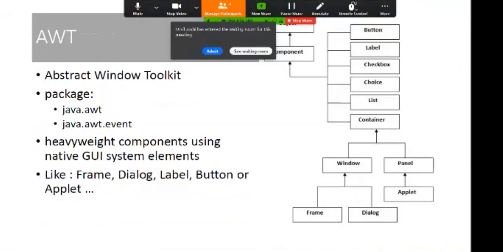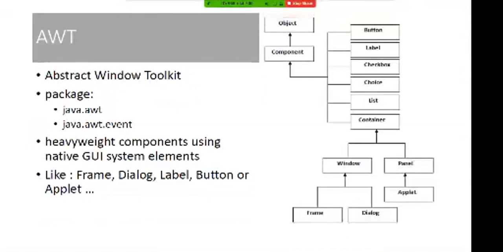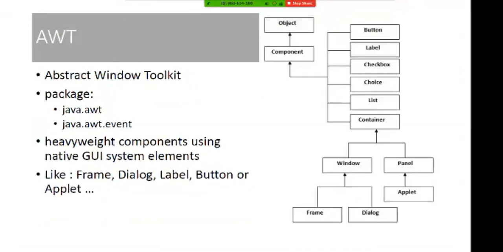Now for that purpose, what do we use? In Java programming, we use the Abstract Window Toolkit. The Abstract Window Toolkit is a library of Java programming which provides support for GUI controls.